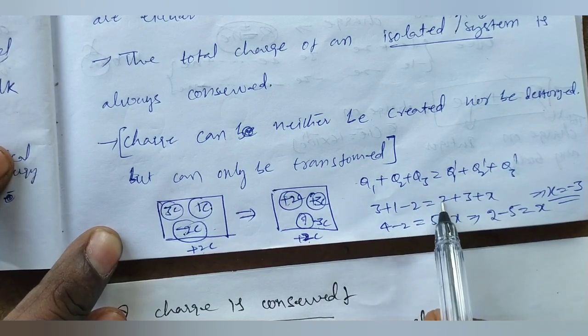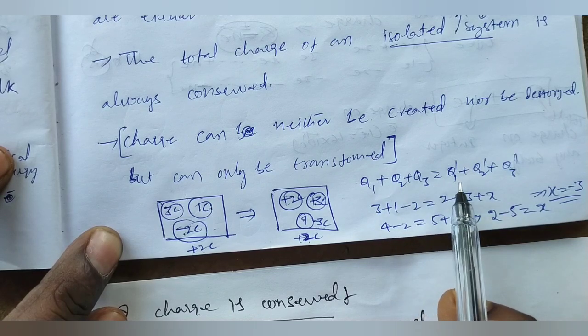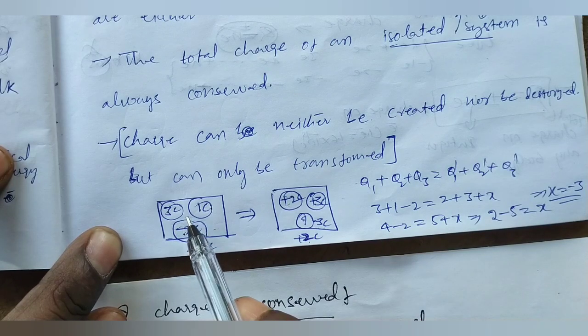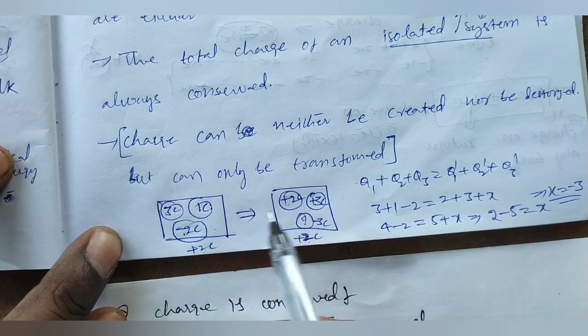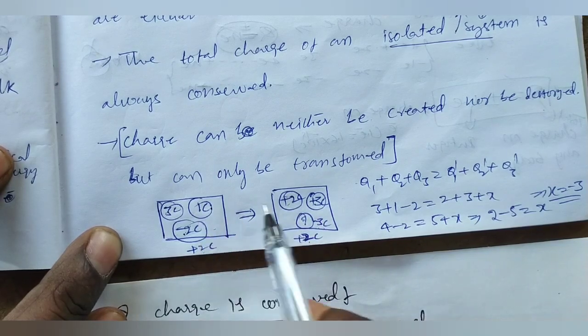This is the relation: Q1 plus Q2 plus Q3 is equal to Q1 dash plus Q2 dash plus Q3 dash. That means the left side LHS is equal to RHS. This body can be converted into another body, but charge is conserved.